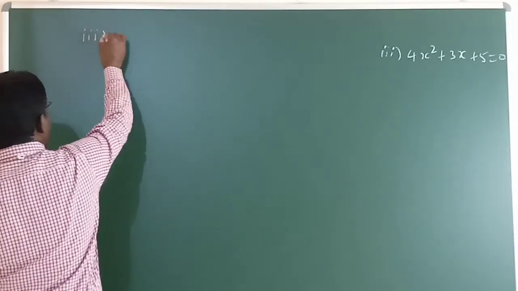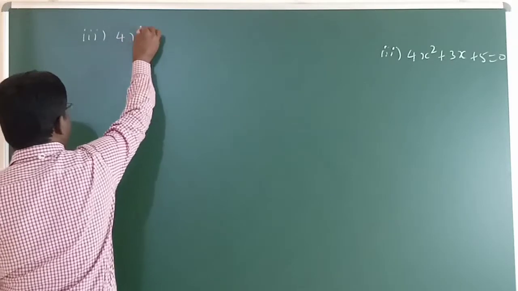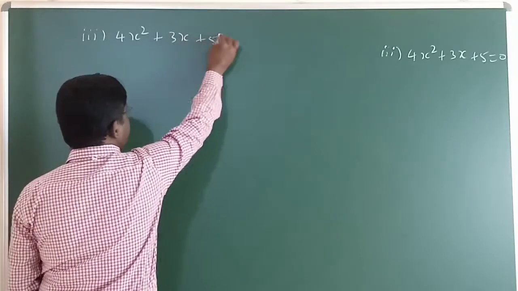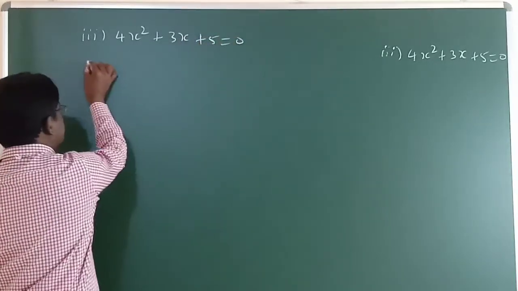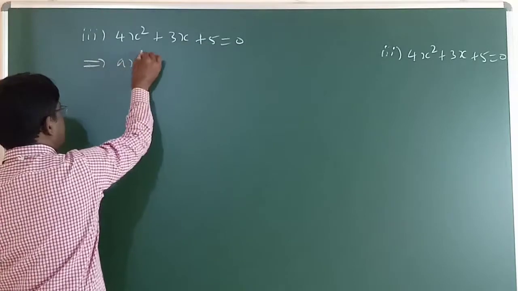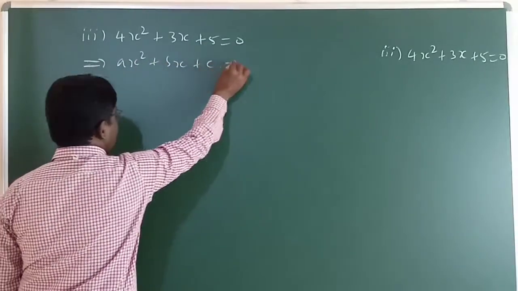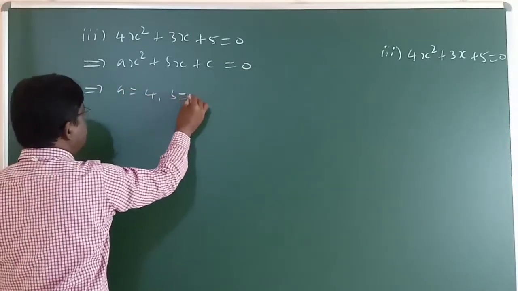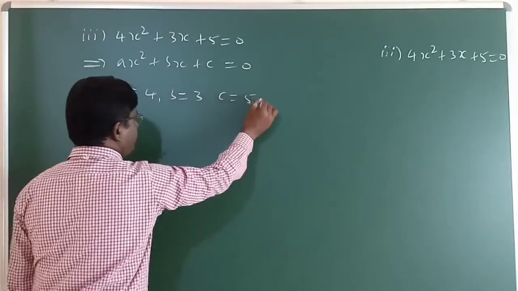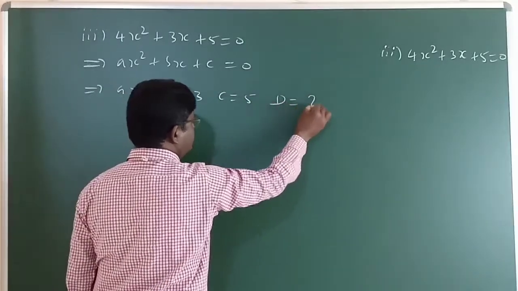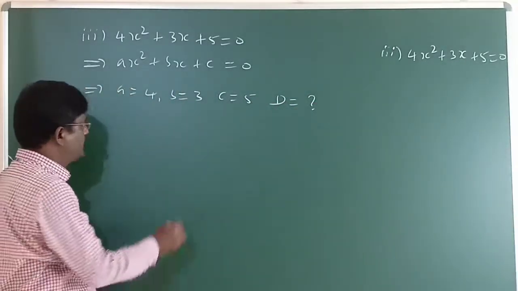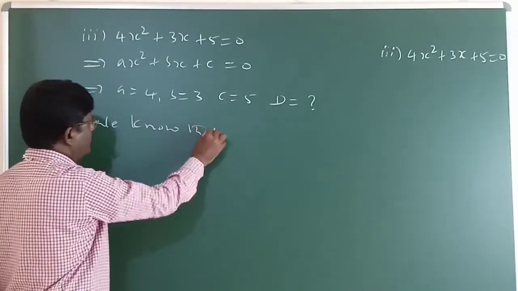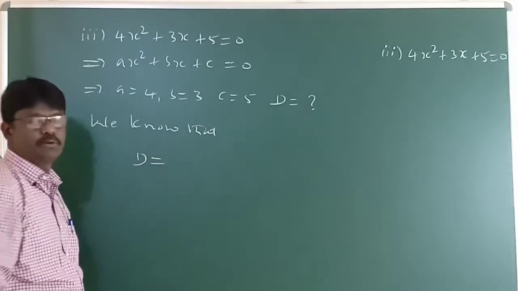The third one, 4x square plus 3x plus 5 equal to 0. Just compare with the standard form. We get a is 4, b is 3, c is 5. Since it is on nature, put D equal to question mark. We know that D equal to, what is the formula?